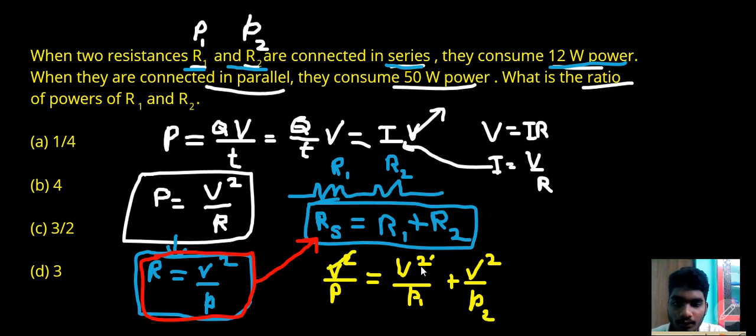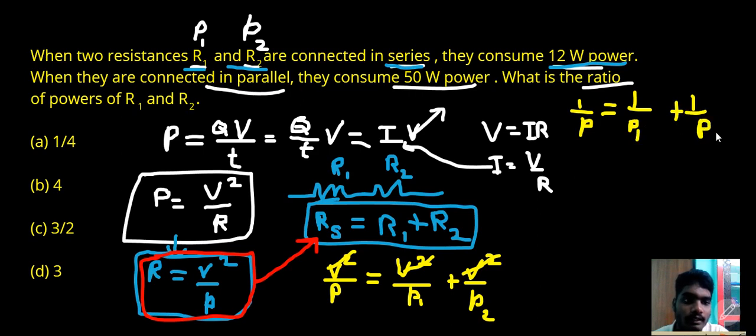Here we are going to cancel V square by taking it out commonly. Now 1 by P is equal to 1 by P1 plus 1 by P2, where P1 is the power consumed by resistor R1. By cross multiplication, this can be written as P1 P2 by P1 plus P2.